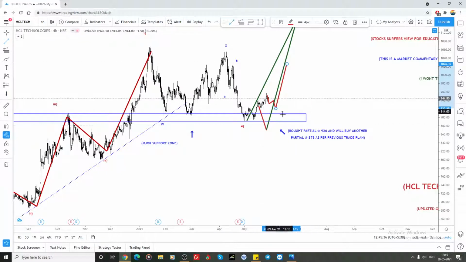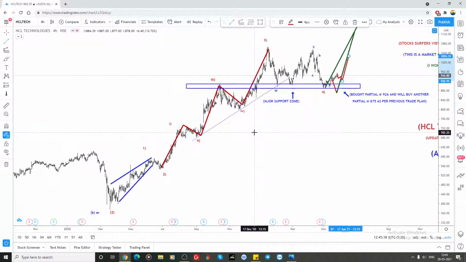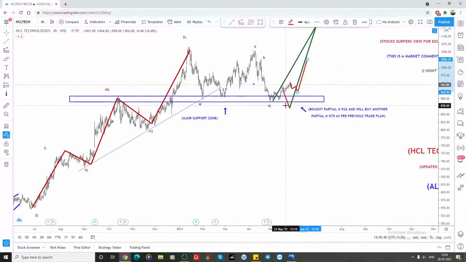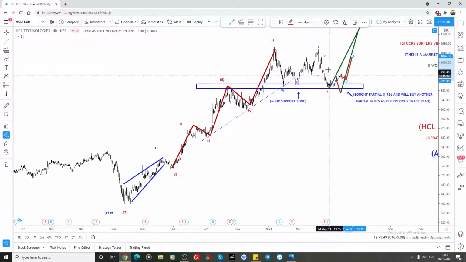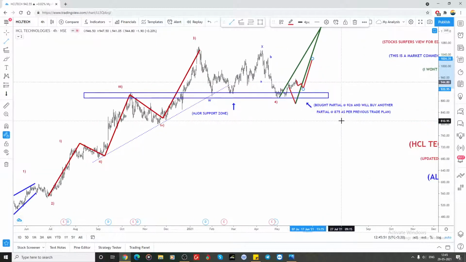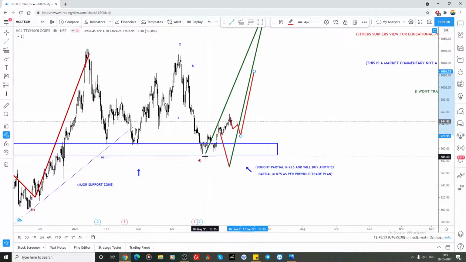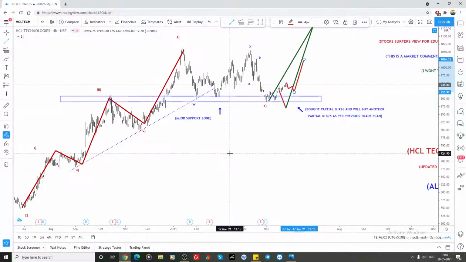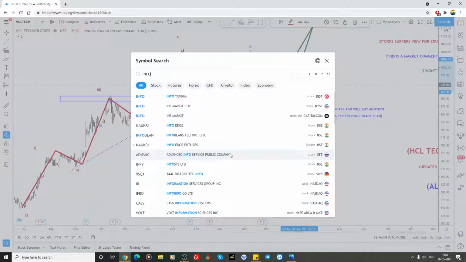I think so, because it's an A B C, or if it is making a triangle also, it's valid, because the fourth wave, the one complex correction is over, and it can still do more corrections in the fourth wave also. But let's see, because it's looking like a leading diagonal here, and after the three waves we just buy with the stop loss of this, then we can see that. And Infosys.